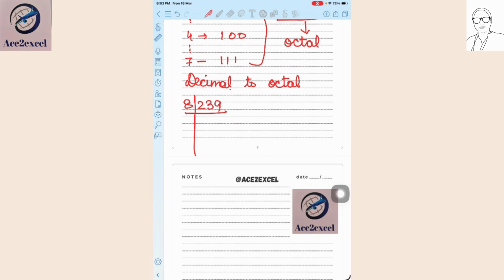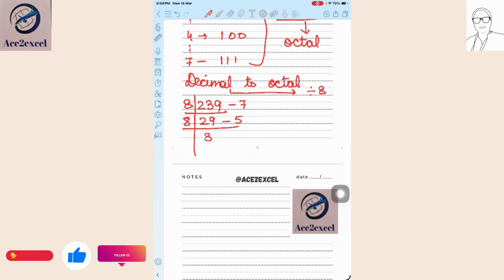D for decimal, D for divide, divide by what factor? Divide by 8. So when we divide 239, we get remainder as 7. When you further divide it, you get the value as 357 to the base 8.